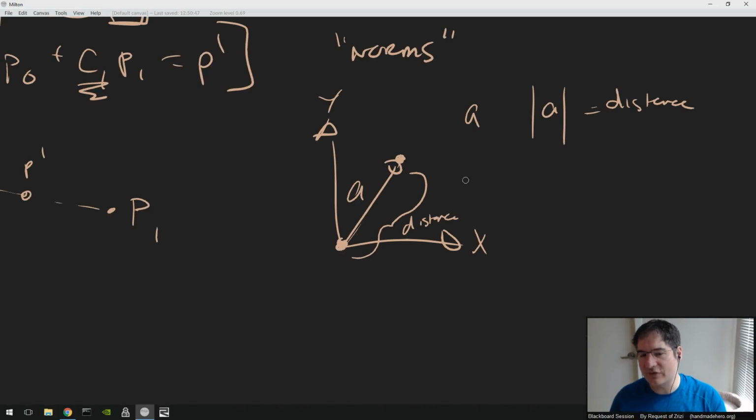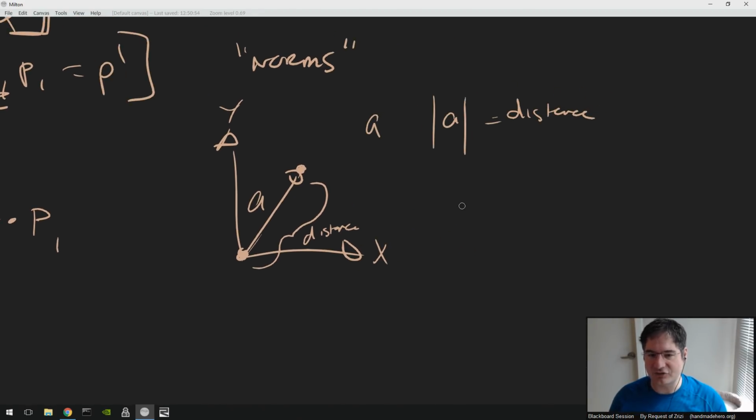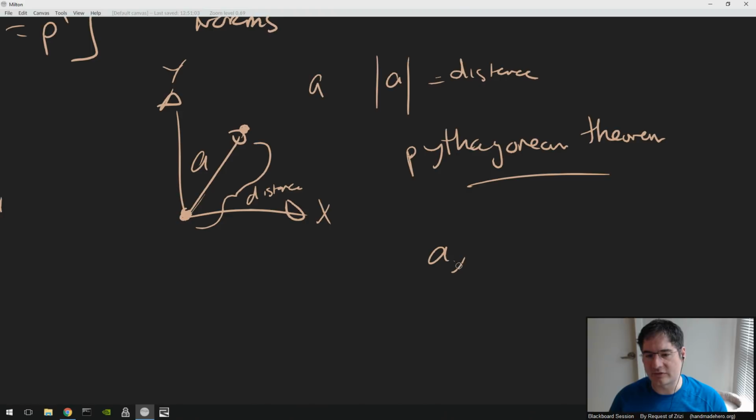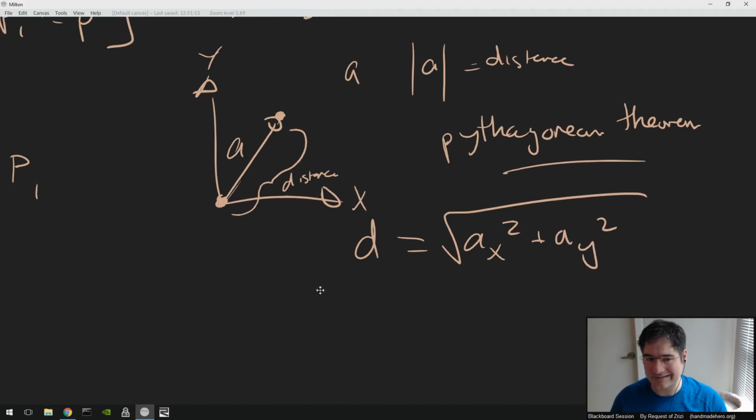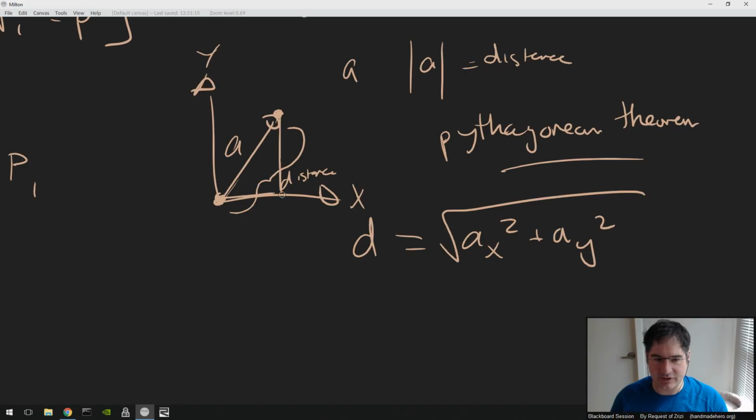Now, we think of those as distance, the length of the vector, that sort of thing, but it's really actually computed, obviously, by the Pythagorean theorem, which you all know, which is ax squared plus ay squared, square rooted, is going to be equal to this distance, the d. And why is that the case? Well, it's the Pythagorean theorem right here.